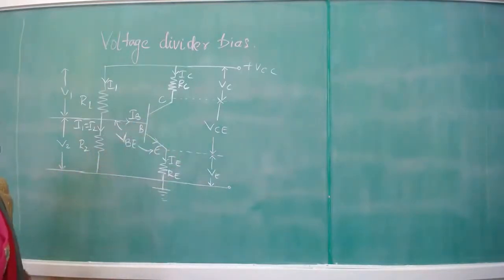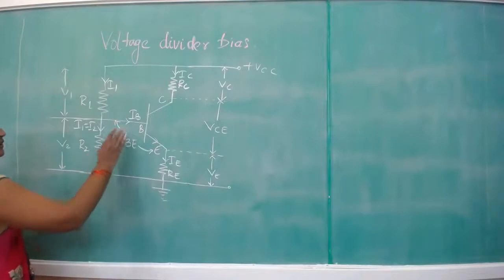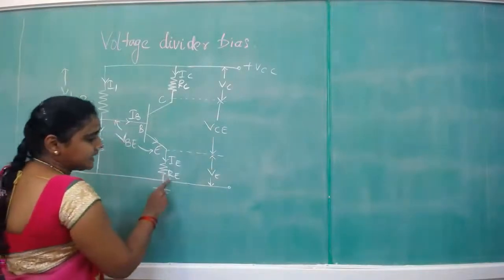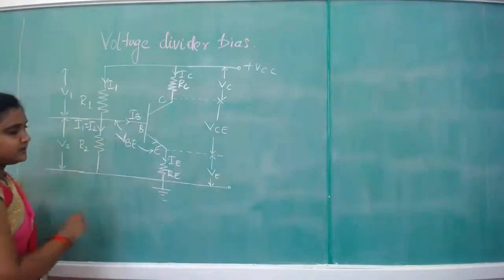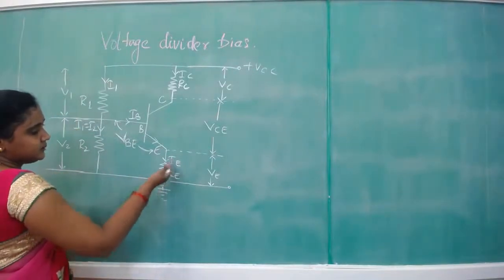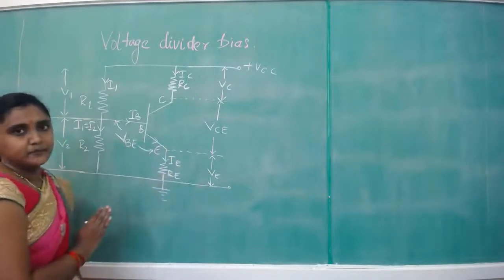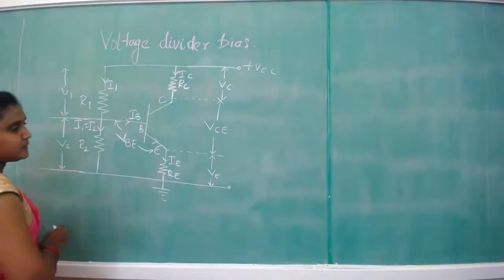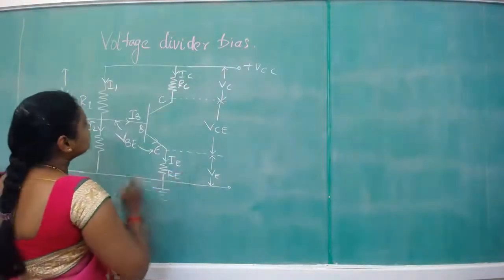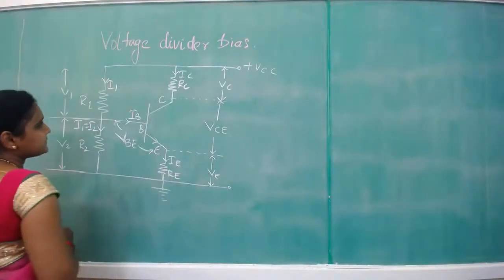R1 and R2 are responsible for biasing the circuit. RE is for maintaining stability in the circuit. Excess current will be passed through the ground by this RE. So that's why RE is meant for stability, for keeping the circuit stable.